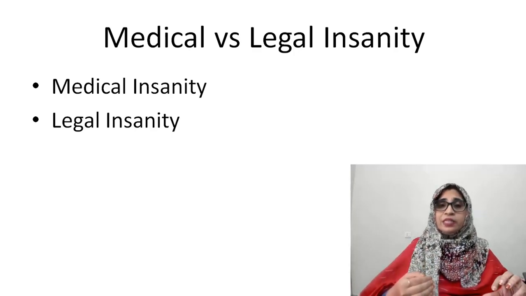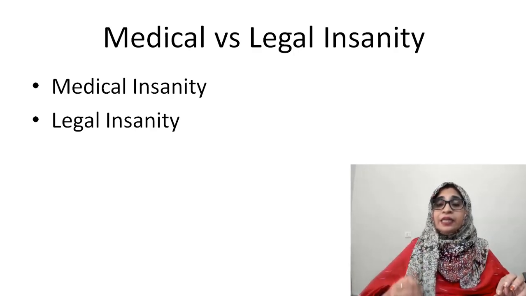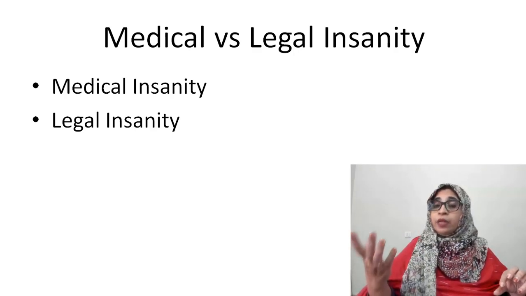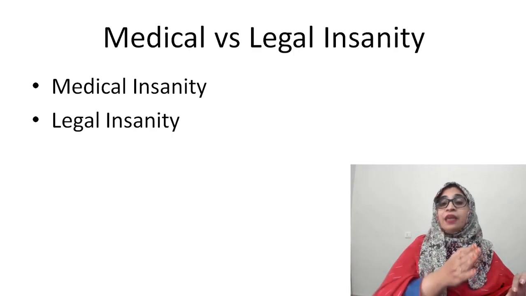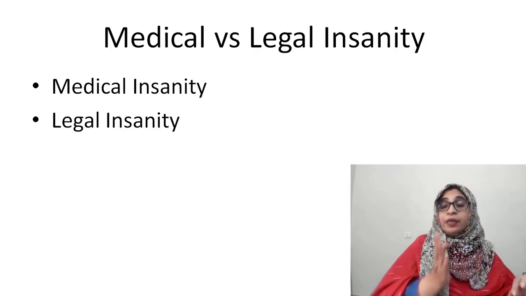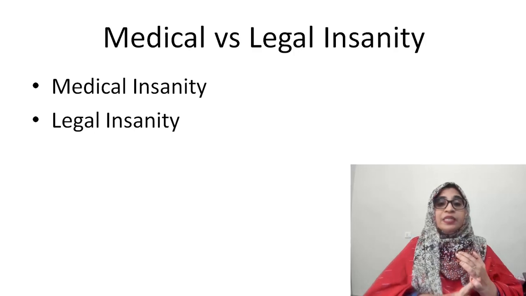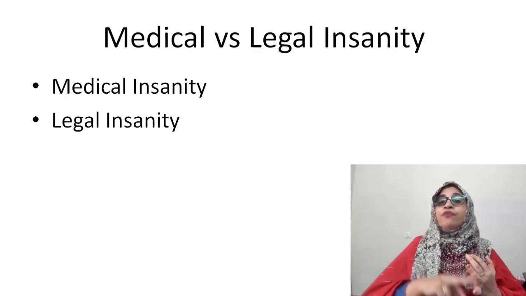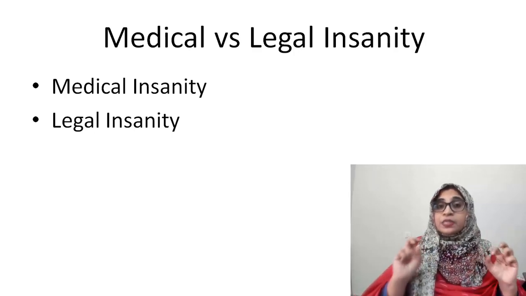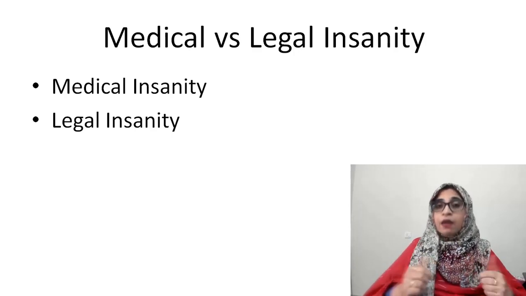But what about legal insanity? Whether those people will be exempted if they committed any offense, any crime, or not. In legal insanity, they will decide whether, while doing the act, that particular person had knowledge about the act or not.